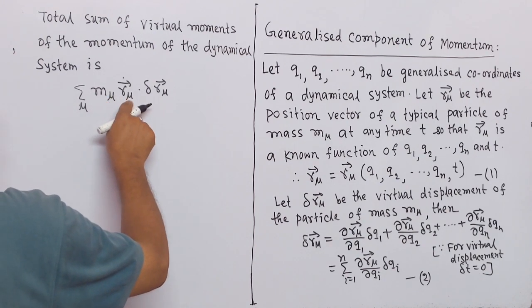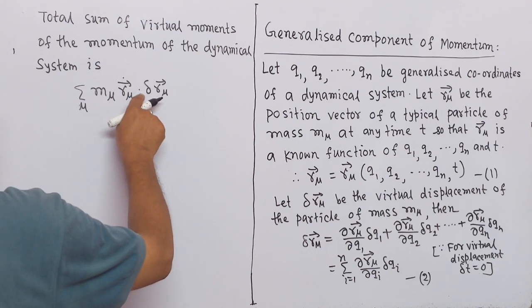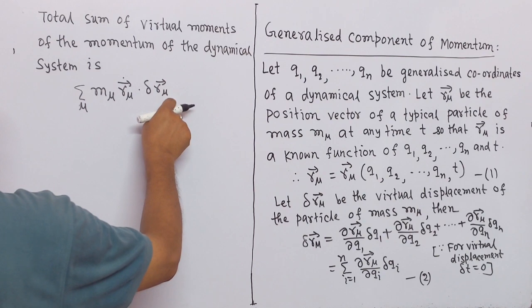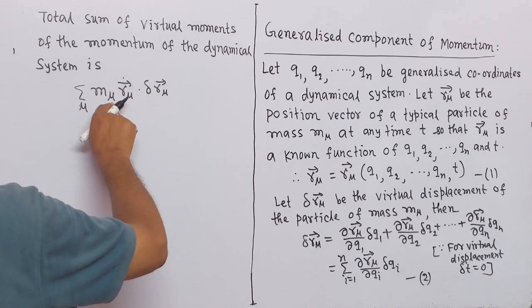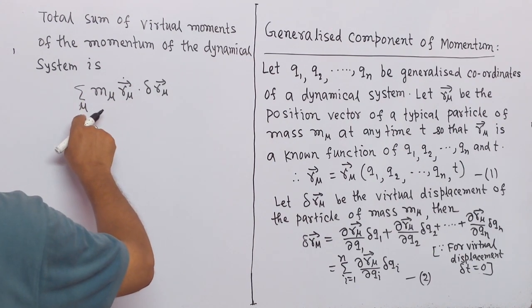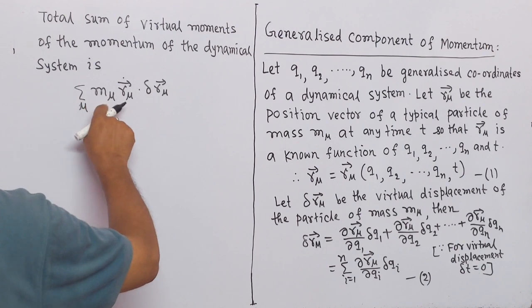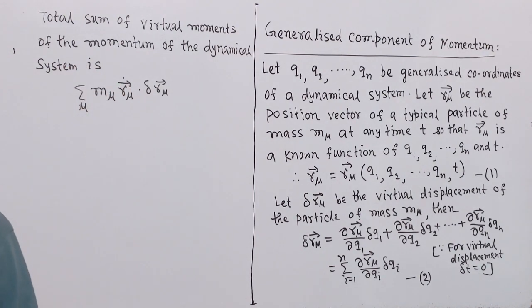Mass multiplied by velocity is the momentum, and here the dot with delta r_mu means this is the moment of momentum of the mu-th particle, and here sigma means the total sum of moments of momentum of the dynamical system.